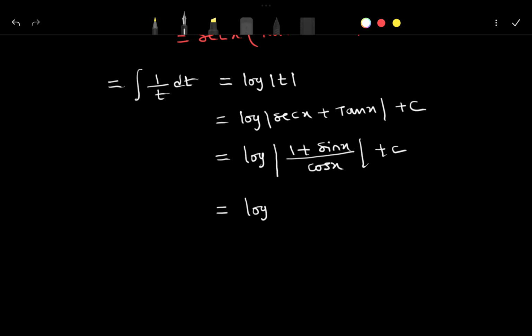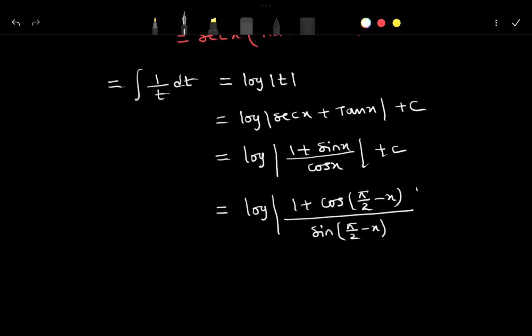So this value will be log of 1 plus cos of 90 minus x, whole divided by the denominator cos x, which we can write as sin of 90 minus x, plus c.